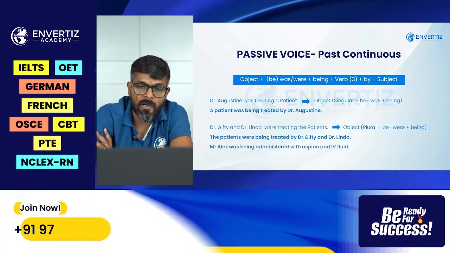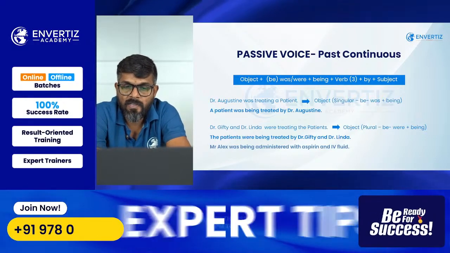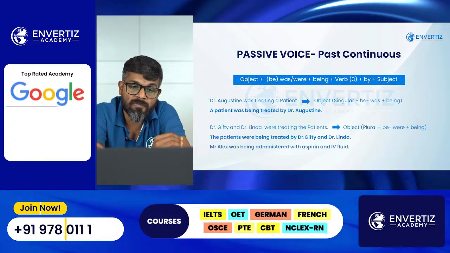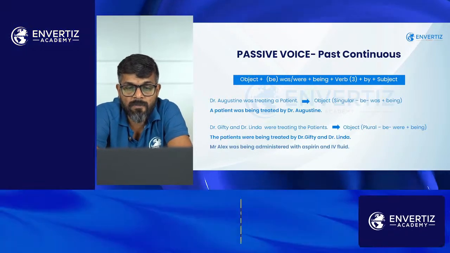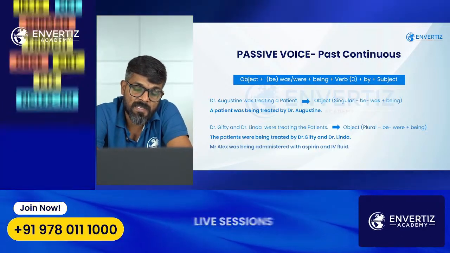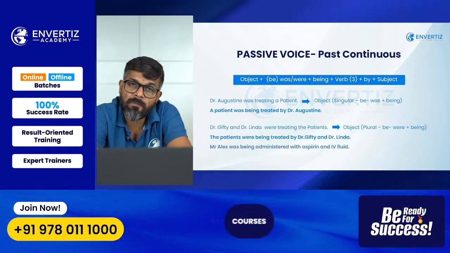Right. Now let me go with the past continuous. Again here also we are changing the past be forms and we are adding being there. Object plus past be forms, what are they? Was or were plus being plus third form of the verb plus by plus subject.